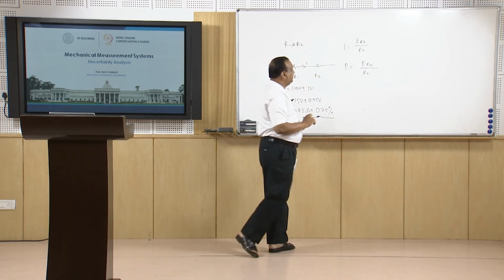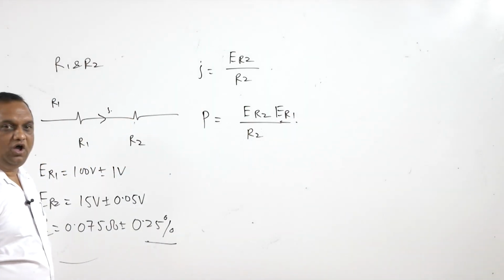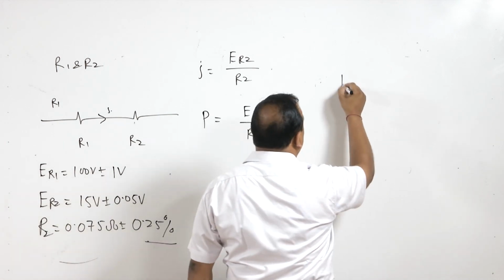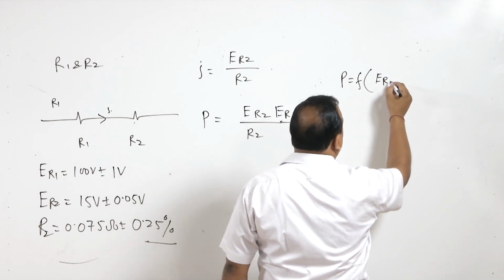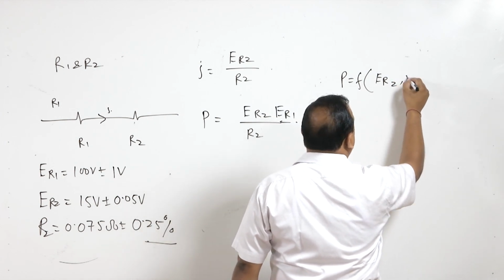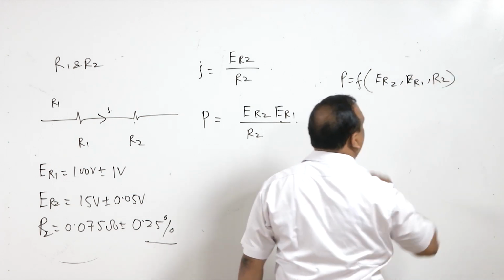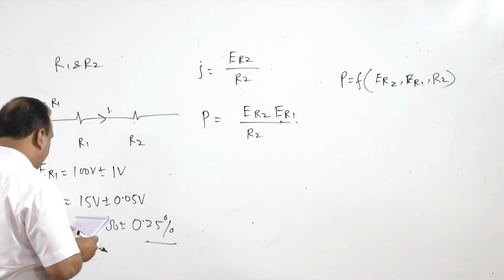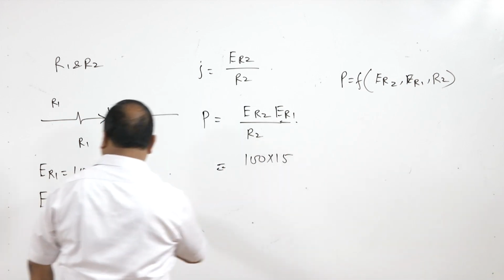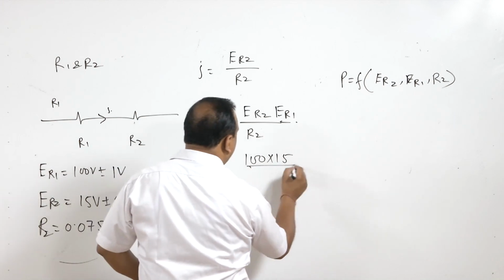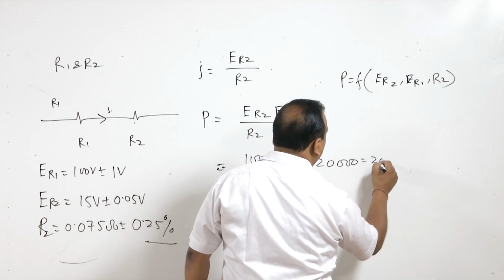P is equal to VI. So that is E R1. Now we have power as a function of voltage in R2, voltage in R1, and resistance R2. So power is calculated 100 into 15, product of the voltage, divided by 0.075, and it is going to be 20,000 or 20 kilowatt.